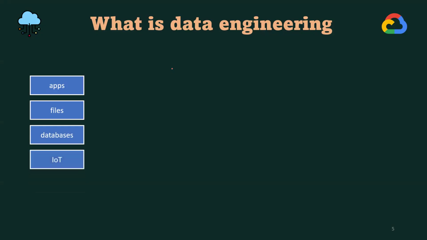And sometimes the data also comes from IoT devices, like sensor devices. So the data is coming from these multiple data sources. These are all called data sources. So you have plenty of data coming from multiple data sources. This is a data set. What do we do with this data?